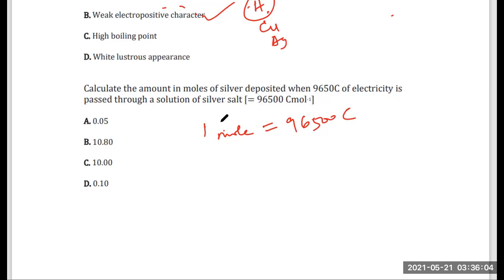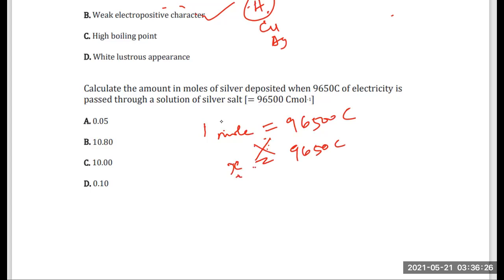So 96,500 would liberate that. So for me to know the number of moles that 9,650 coulombs will discharge, I just need to find X. So I can cross multiply like this.